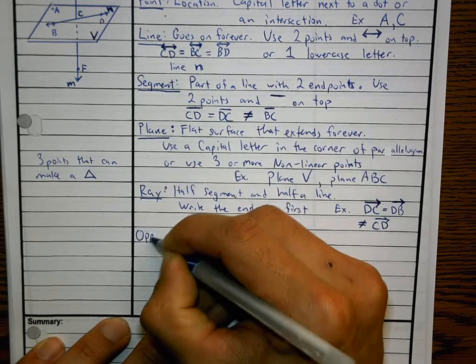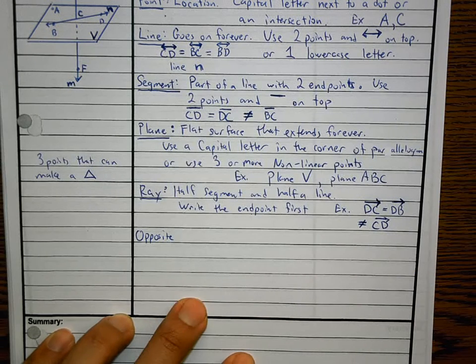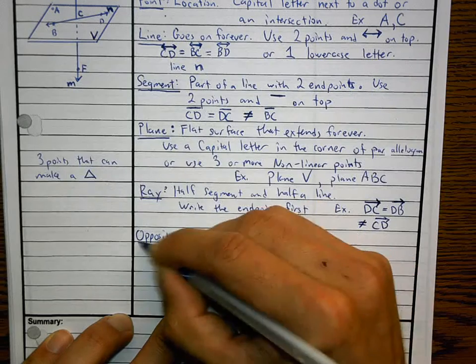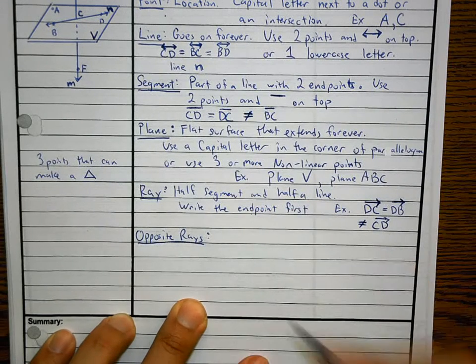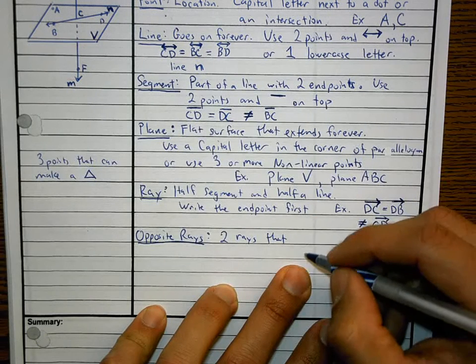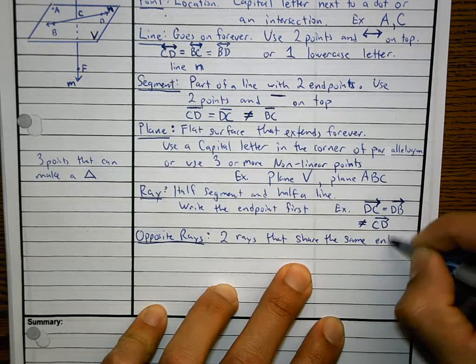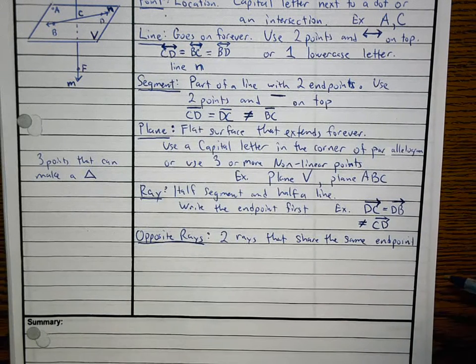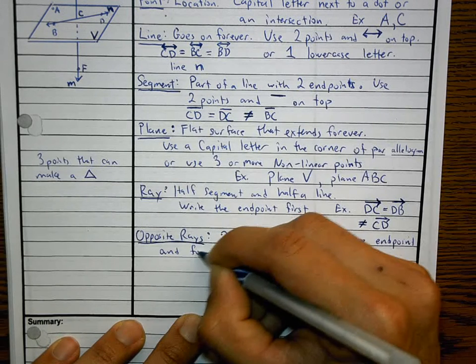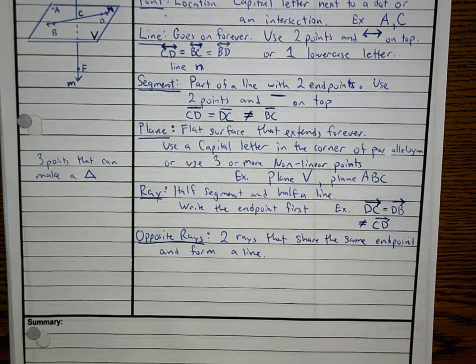Opposite rays are the last objects we're going to have to know. Opposite rays: two rays that share the same endpoint and form a line.